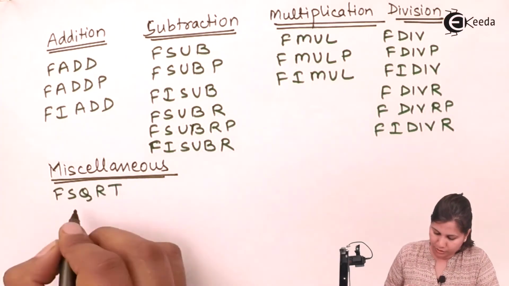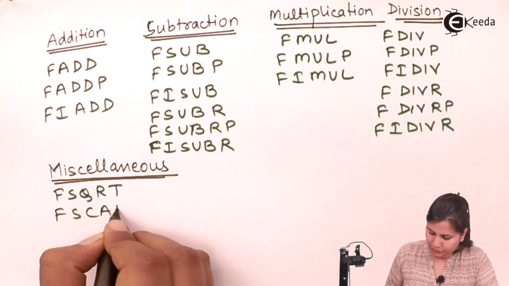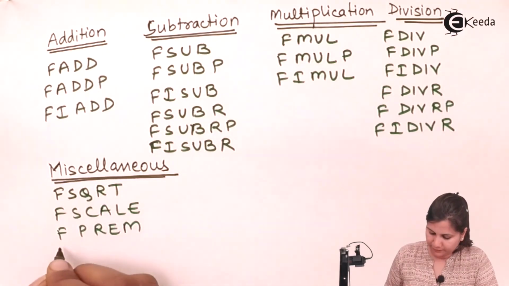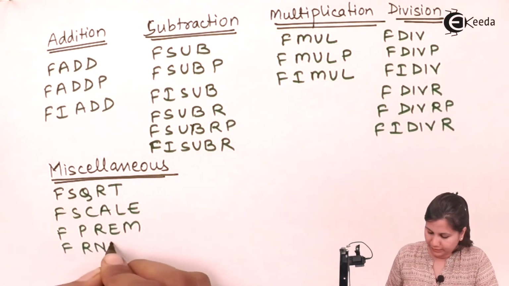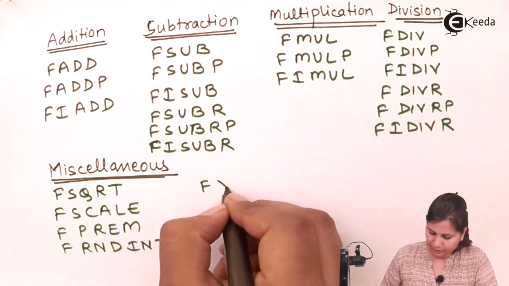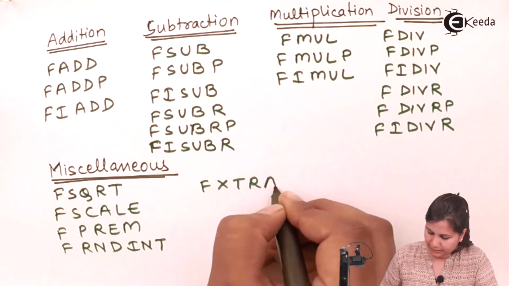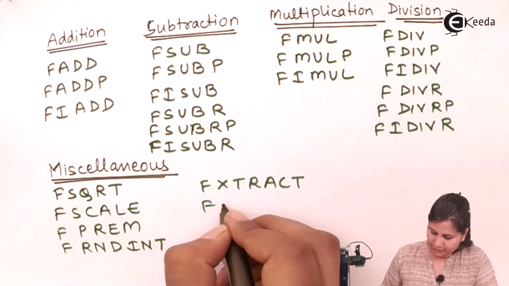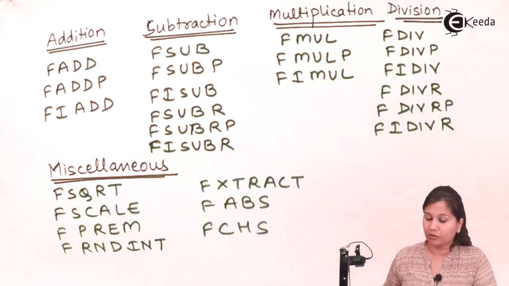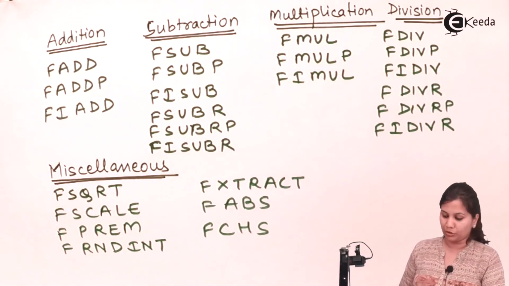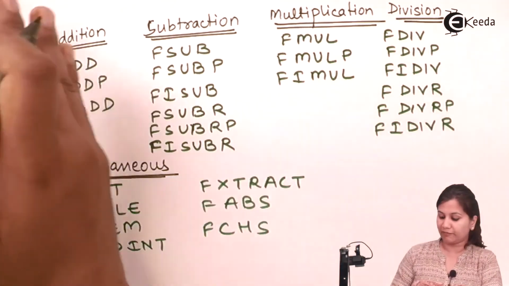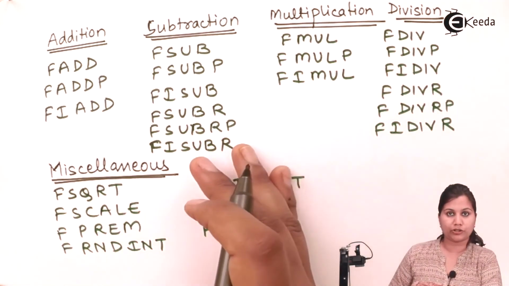FSQRT for square root, FSCALE for scaling, FPREM for partial remainder, FRNDINT for rounding to integer value, then FXTRACT for extraction, FABS for absolute, and FCHS for complementing the sign. So we have studied all these arithmetic instructions and classified them depending upon the operation performed by them.